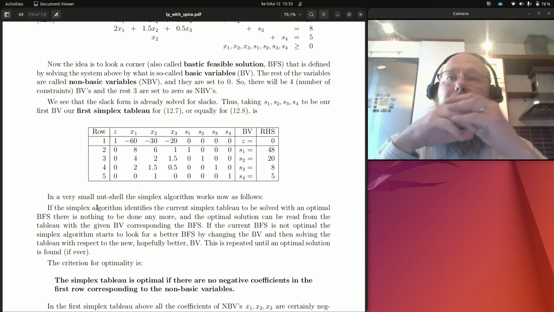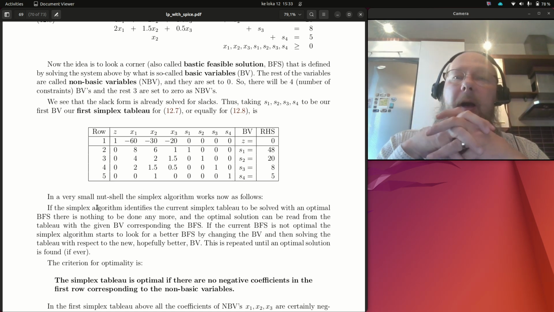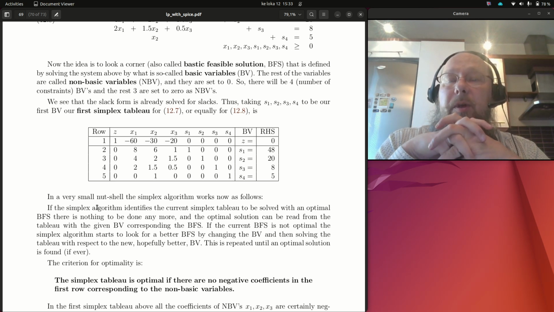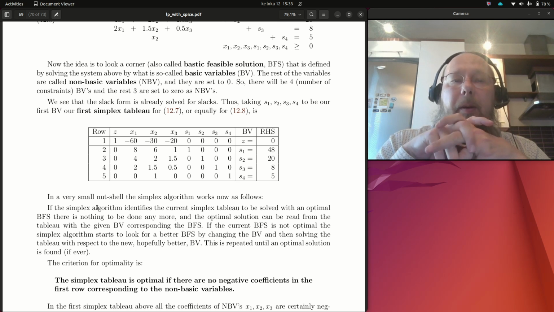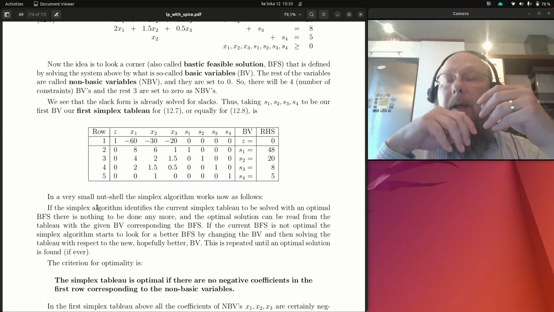Next, let's see. If I identify this simplex tableau to be optimal, I have a solution and that's it. I can go home. If it's not optimal, what then? Then I try to find a better basic feasible solution or better basic variables and change the table accordingly.